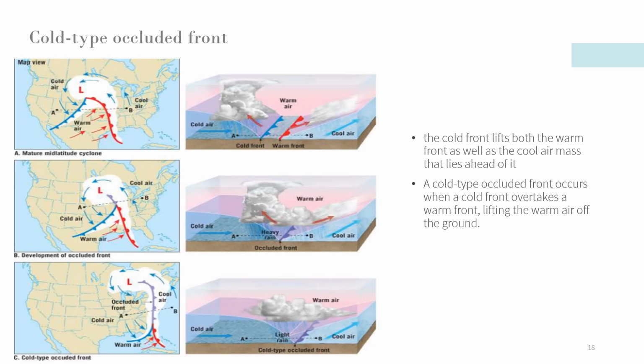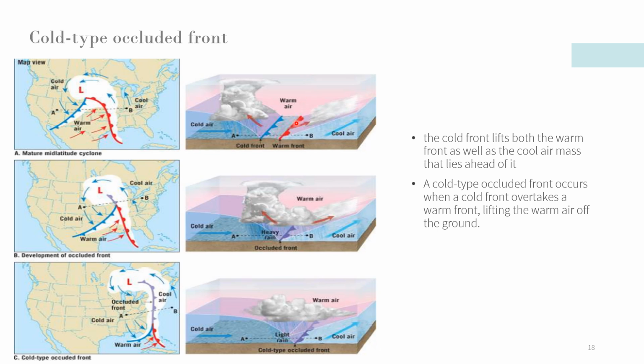So first, you can see here in this illustration, first is a mature mid-latitude cyclone with warm and cold air fronts. And from this mature mid-latitude cyclone, you can see that there is a cold front and there is a warm front.